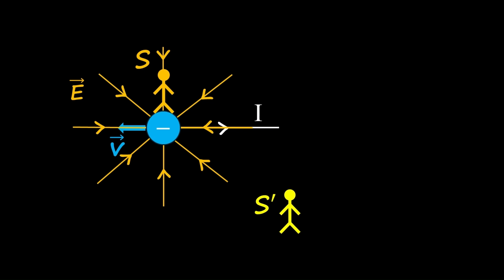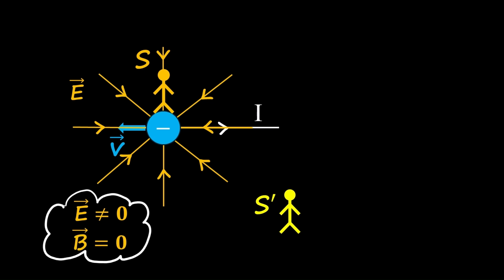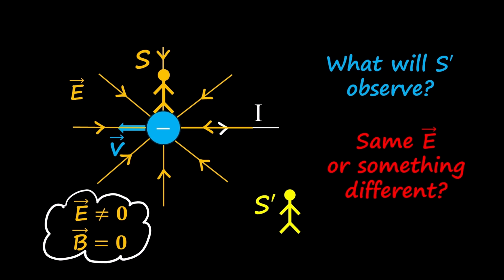So, electric field will be non-zero. And since with respect to S, the electron is at rest, the magnetic field will be zero. Now, what will S prime observe? Will it observe the same electric field or something different?